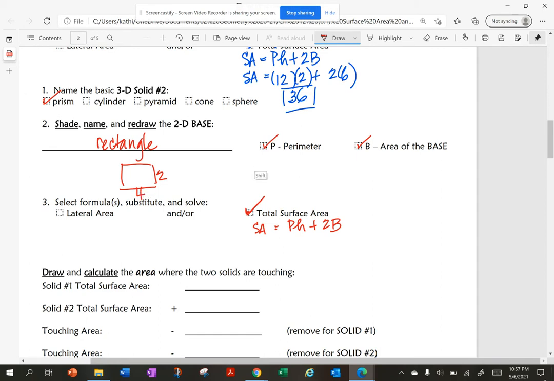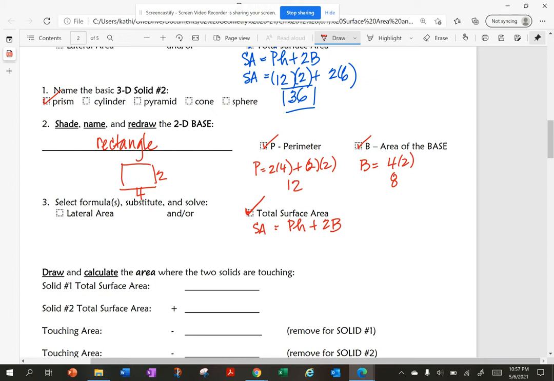The perimeter of my rectangle is 2 times 4 plus 2 times 2, which is 12. And the area of my base is base times height, so this is 4 times 2, which is 8.